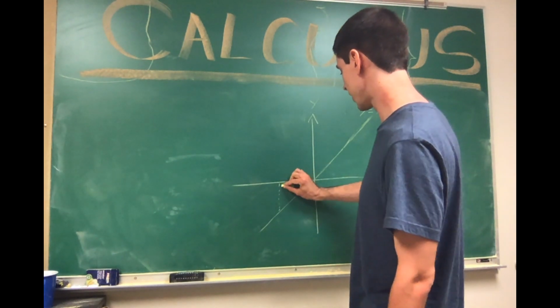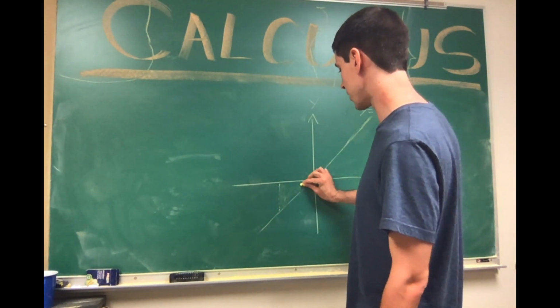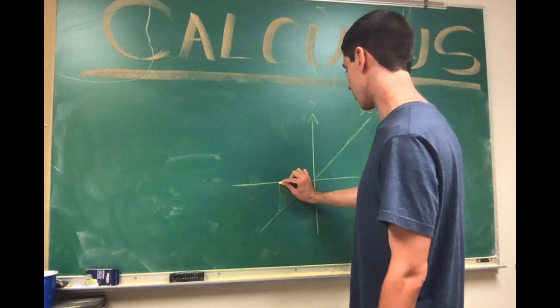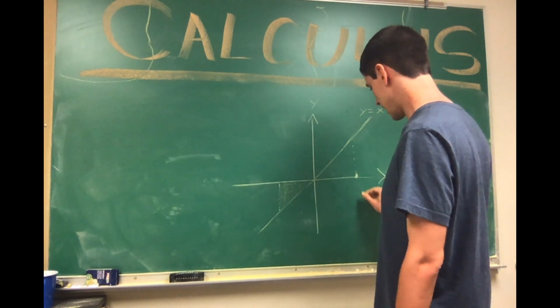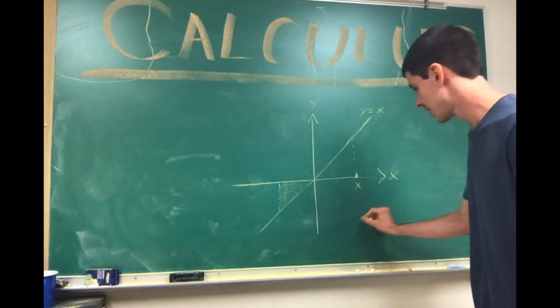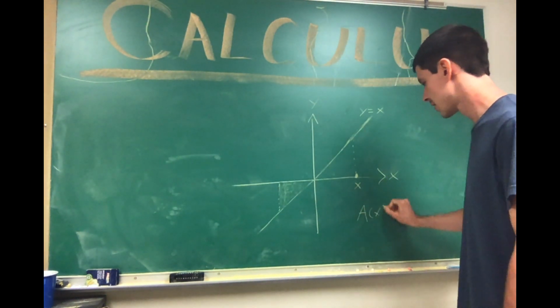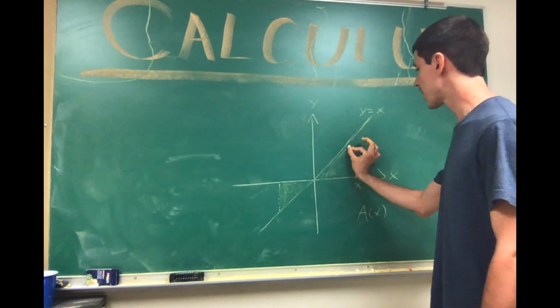So now the way I'm saying that we're going to interpret that is going from here. Let's say this here is x, so we want A of x.